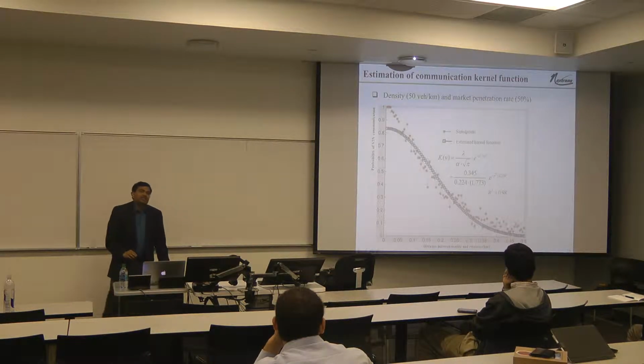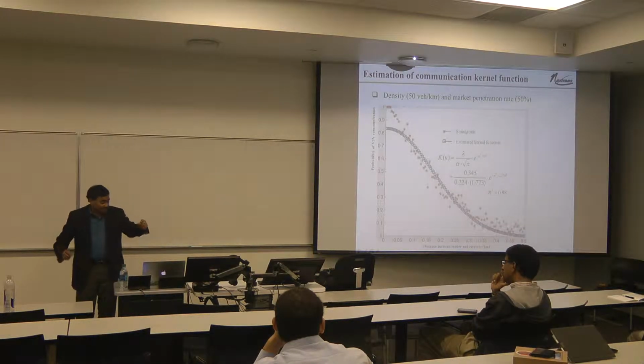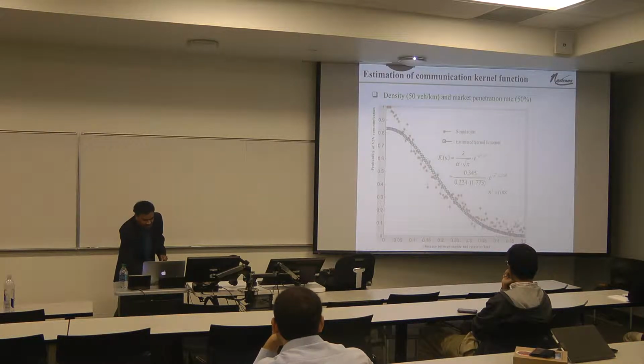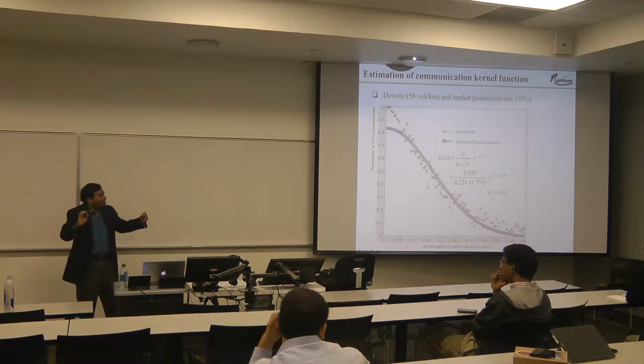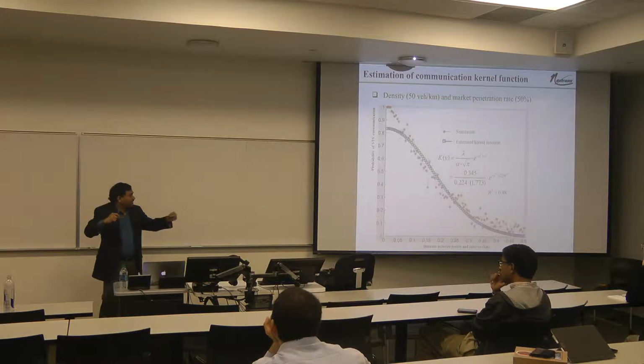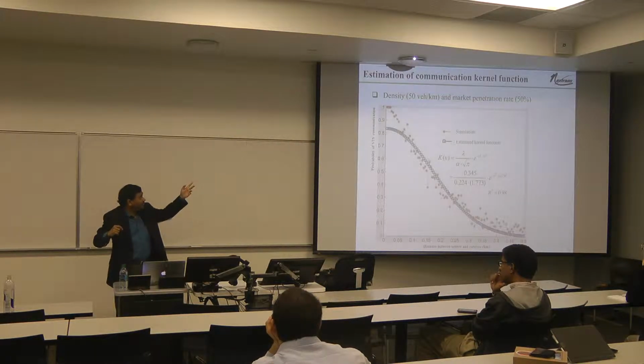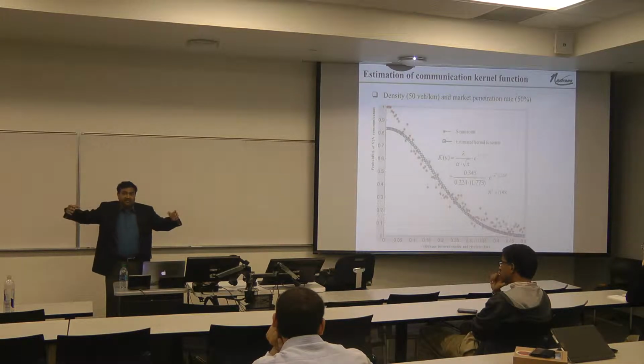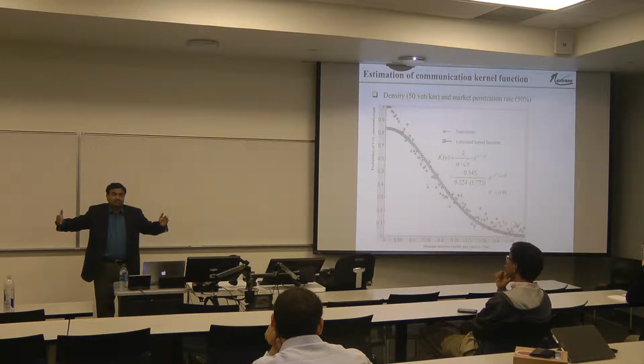We have a Monte Carlo simulation, and what it does is the following. For different distances, if you look at the x-axis here, for each distance, you have a center vehicle, the receiver vehicle. Then, around that, depending on the density, so for this density, 50 vehicles per kilometer, they're randomly placed within that space.